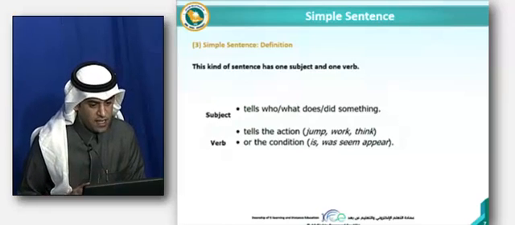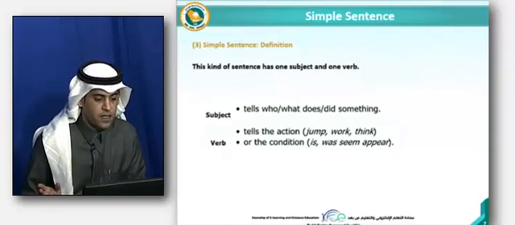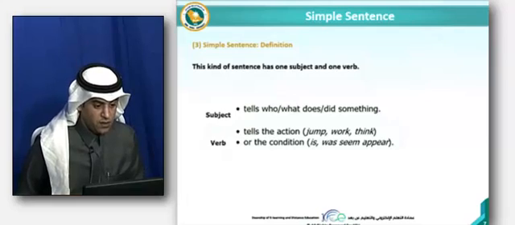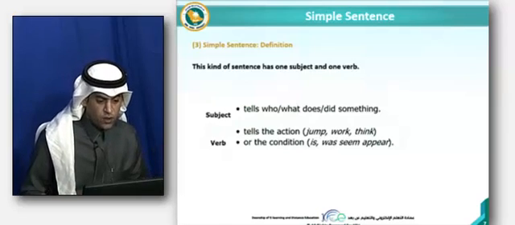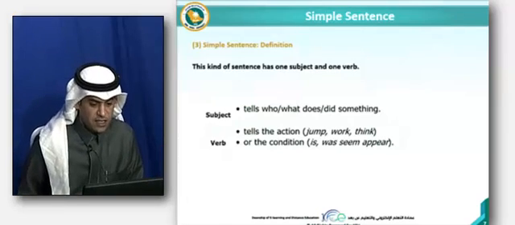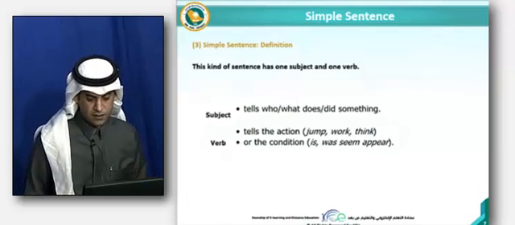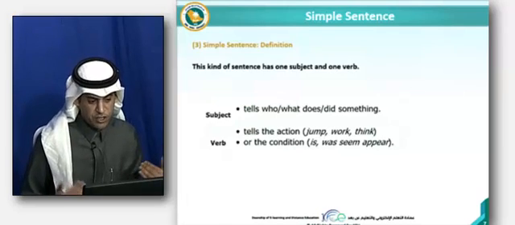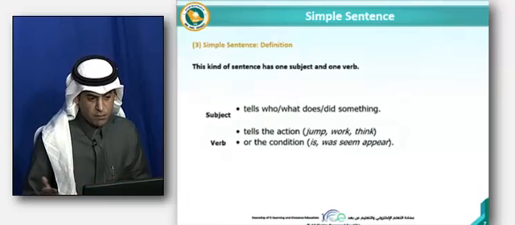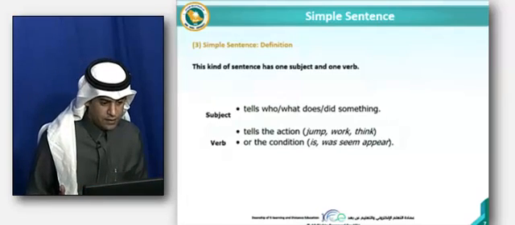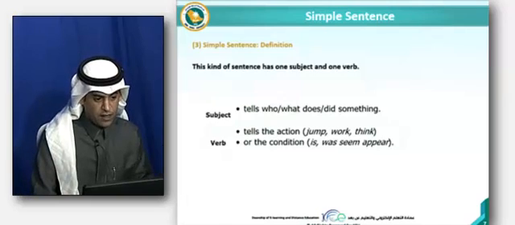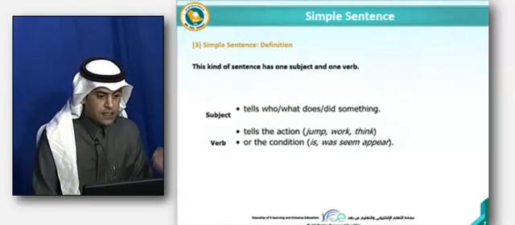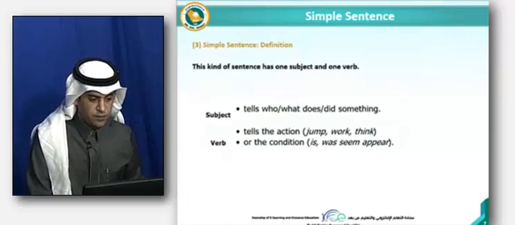It tells who or what does or did something. As for the verb, it means the action itself or the condition. The action like jump, work, write, think, or the condition like is, was, seem, appear, and so on. That's what we mean by subject and verb. So the simple sentence must have at least one subject and one verb, like the sentence I've already said: He goes to school every day.